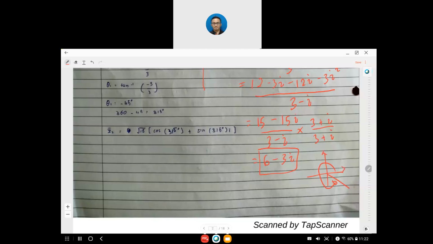So now you need to find what is r. R equal to square root of 6 square plus negative 3 square.